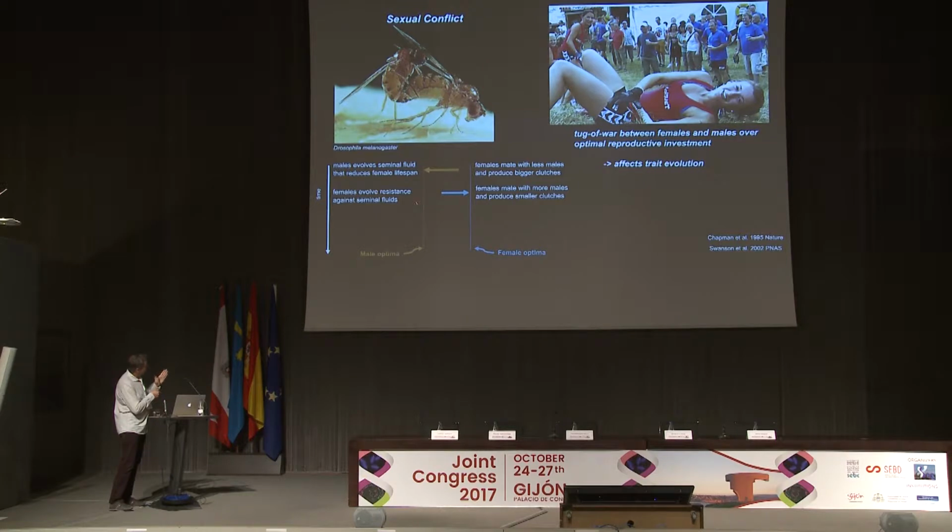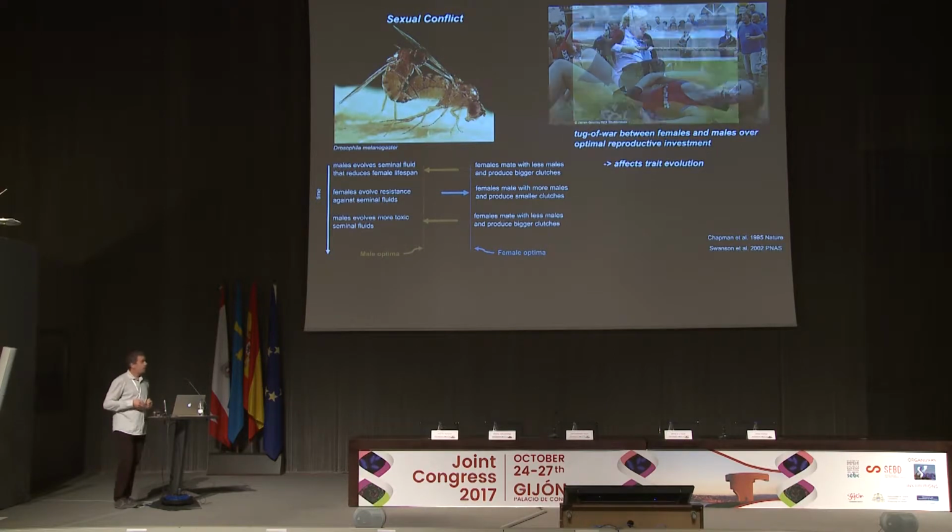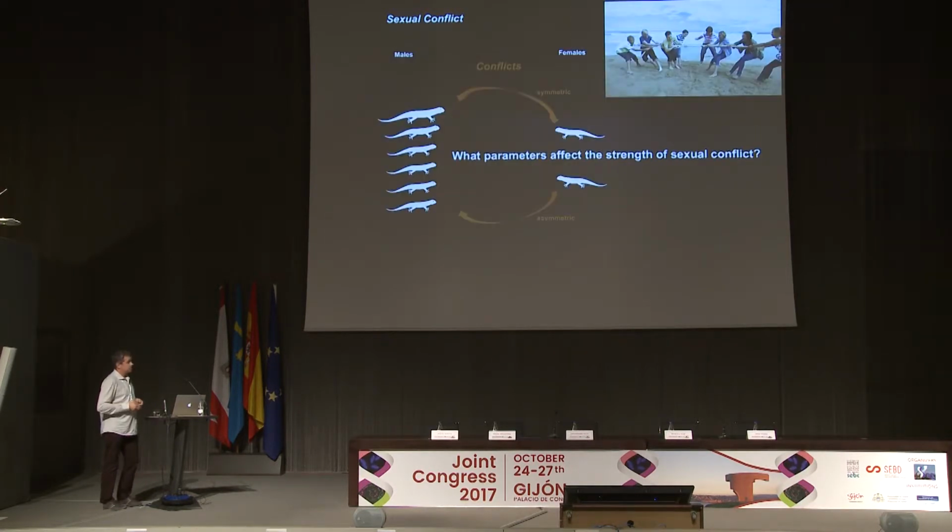Once the investment goes towards the female's optimum, again, there is scope for males to evolve something new that starts to move the average towards their own benefit. And what they found is that males evolve more toxic seminal fluids. That means females, again, win the tug of war, and we can continue that over generations.